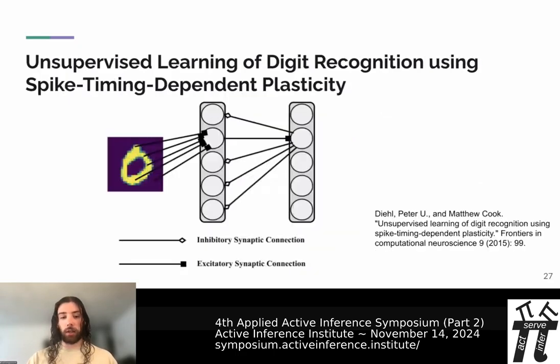In addition to that, we've reproduced Diehl and Cook's paper from 2015 called Unsupervised Learning of Digit Recognition Using Spike-Timing-Dependent Plasticity. This is another model that we had. This is more of a historic model that we have built inside NGC-Learn and gotten up and running without any problems at all.